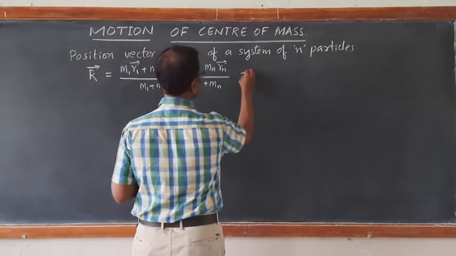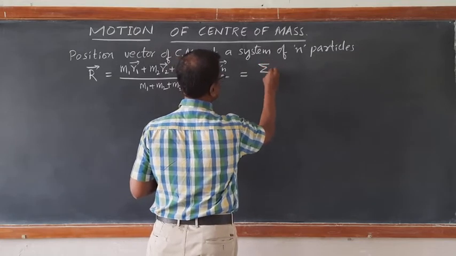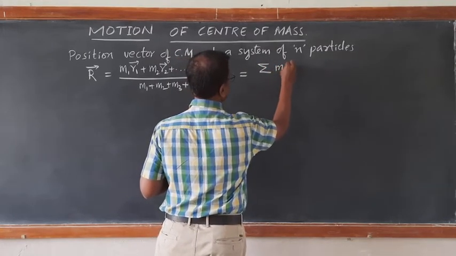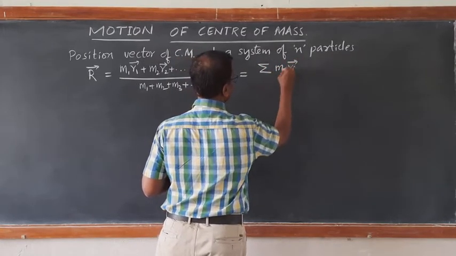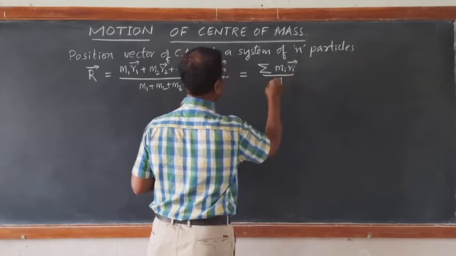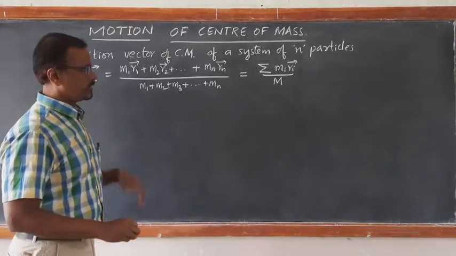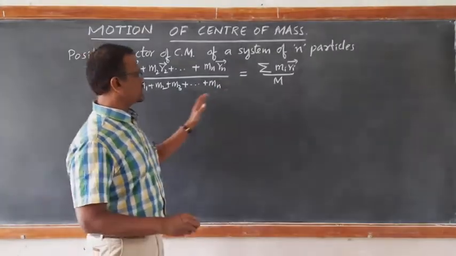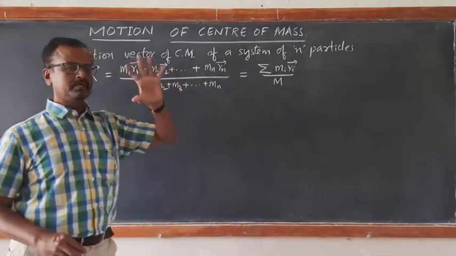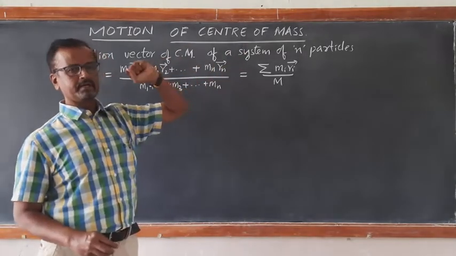Same thing can be written in a short notation as summation of mi ri vector divided by capital M. Summation of all the masses gives us total mass M, where total mass M is the mass of the entire system of n particles.